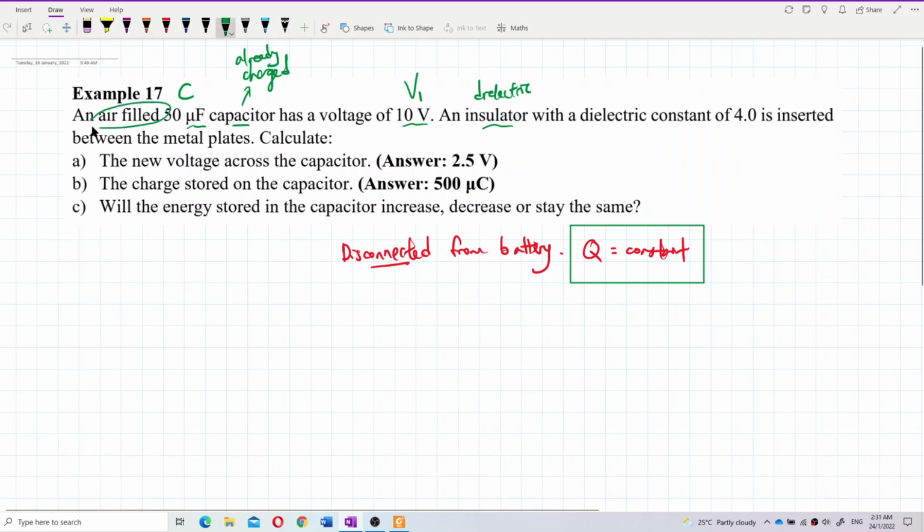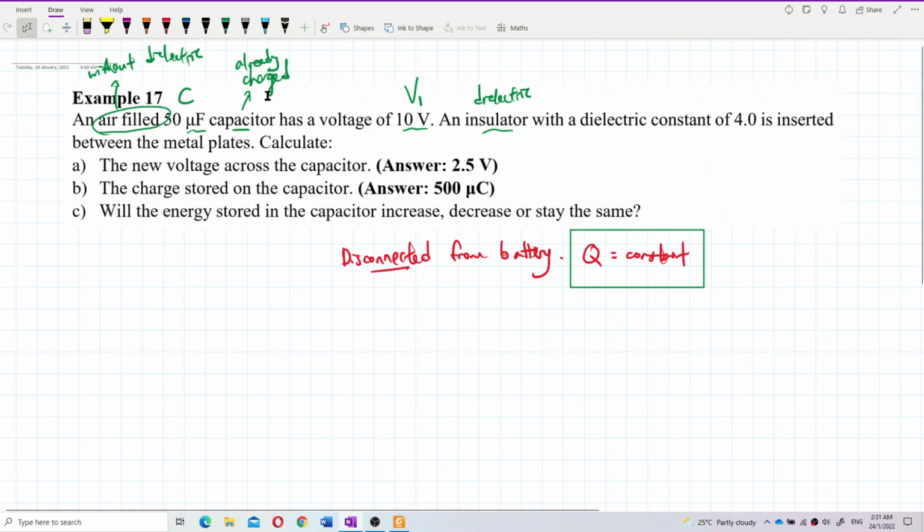Initially it is vacuum. Air filled means without dielectric. Then you put a dielectric inside, with dielectric constant 4.0.